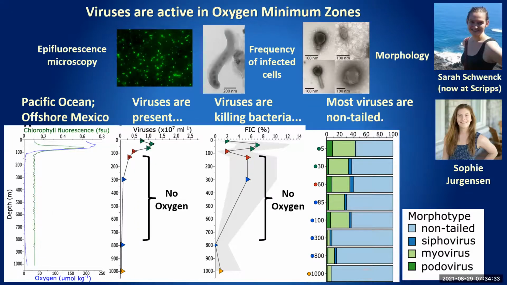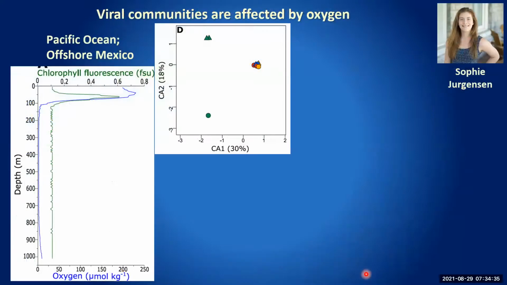So this is great, but now we want to look at our metagenomic results as well. Here I'm again showing you the exact same depth profile, along with an ordination plot comparing the viral communities in each of the samples from our study.